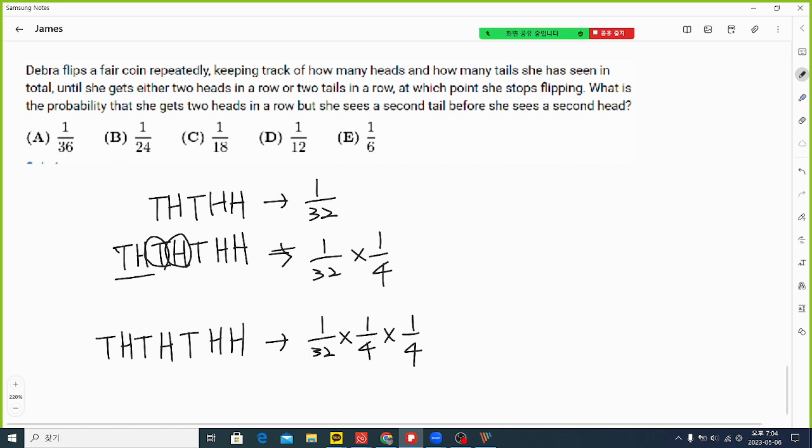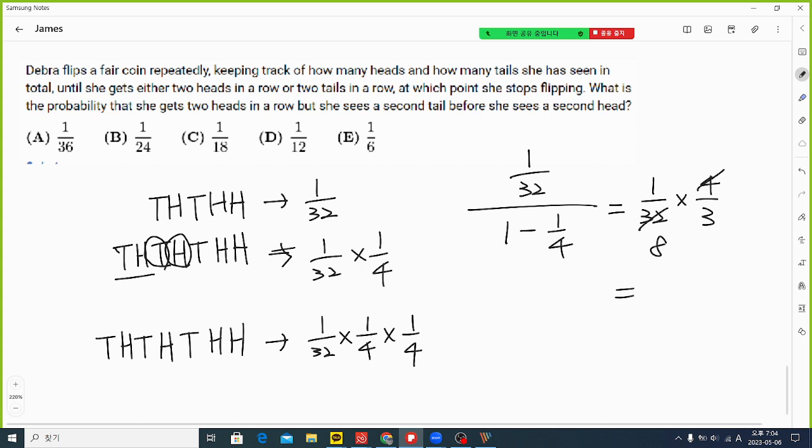And because 1/4 is less than 1, we can use the formula for the sum of infinite geometric series. So the first term is 1 over 32, and the ratio is 1/4. So this means we are multiplying 4 over 3 to 1 over 32. Yep. So what's the product between 1/8 and 1/3? 1 over 24. You're right. So the answer is B.